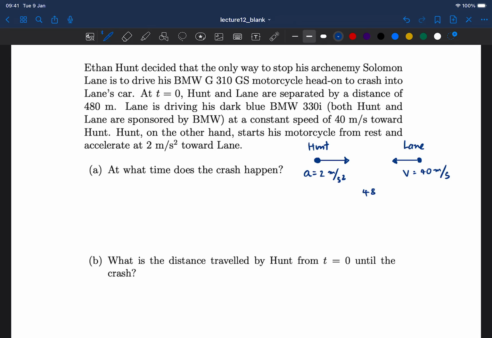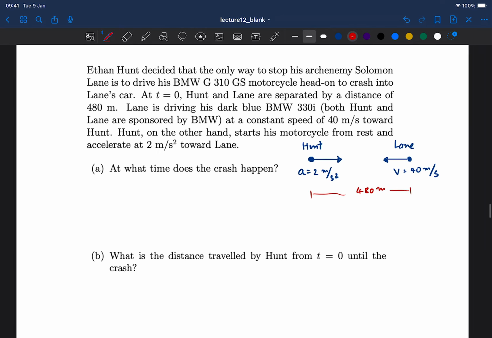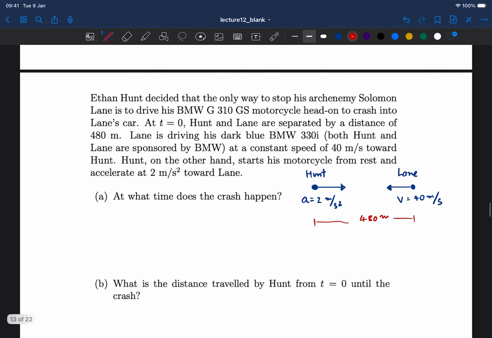And the distance between the two is 480 meters. And we need to find out where they crash in the middle here.